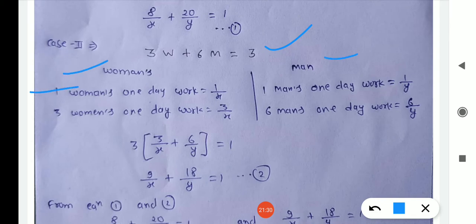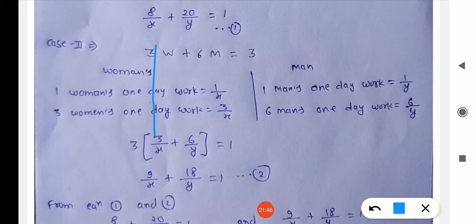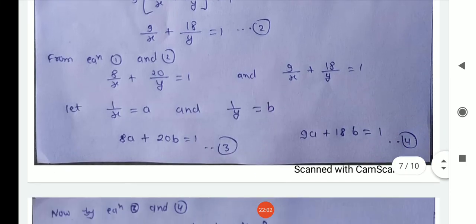One woman's 1 day work is 1 upon X. So 3 women's 1 day work is 3 upon X. Now 1 man's 1 day work is 1 upon Y. So 6 men's 1 day work is 6 upon Y. So according to the question, 3 women's 1 day work plus 6 men's work they finish in 3 days, and total work I take as 1. So now we multiply by 3 in this equation, it becomes 9 upon X plus 18 upon Y equals 1. So this is our equation first and second.